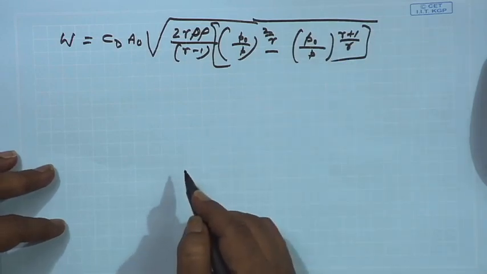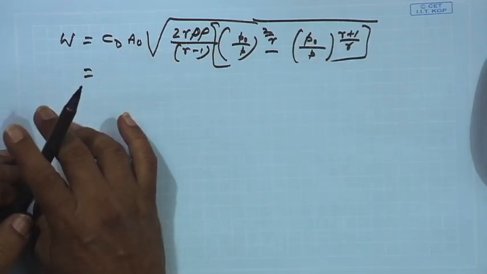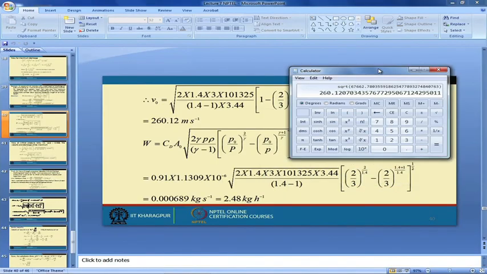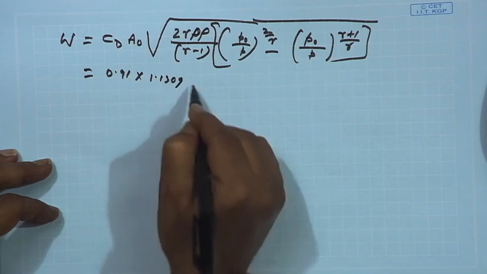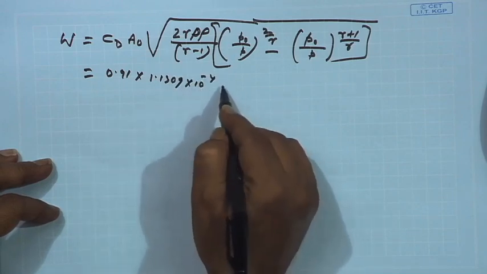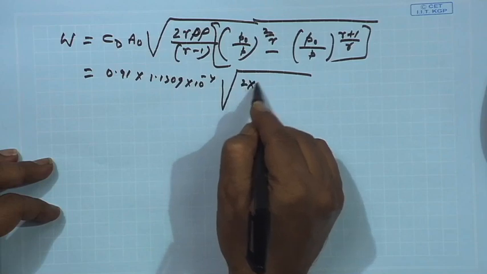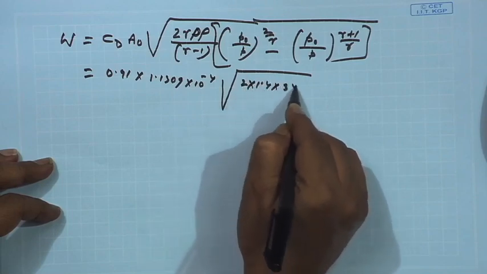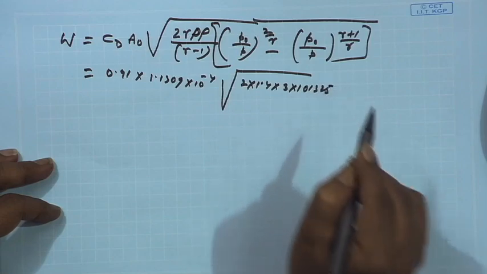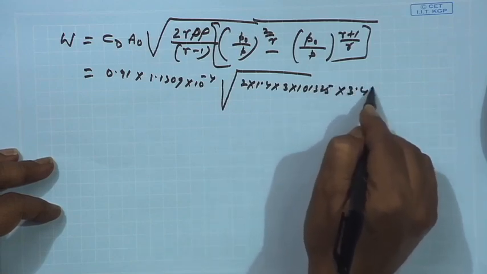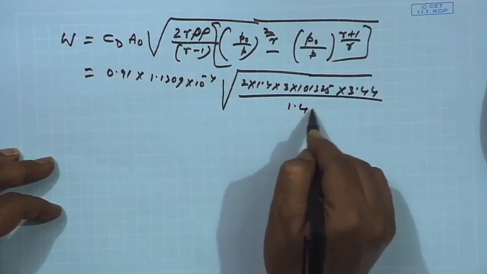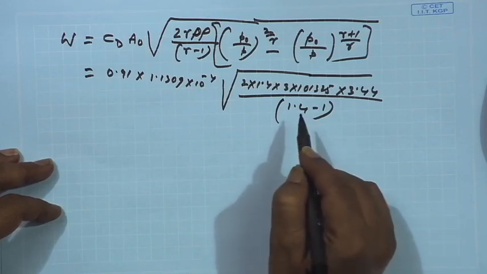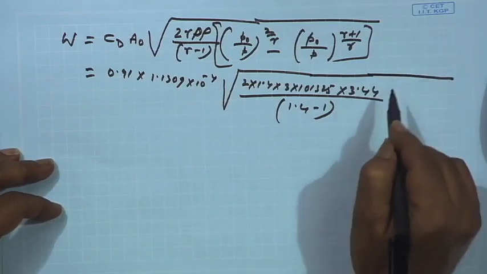So, if we add the values now, CD is given already as 0.91, A0 we have found out 1.1309 into 10 to the power minus 6, under root 2 into 1.4 into 3 into 101325 into 3.44 divided by 1.4 minus 1, right?